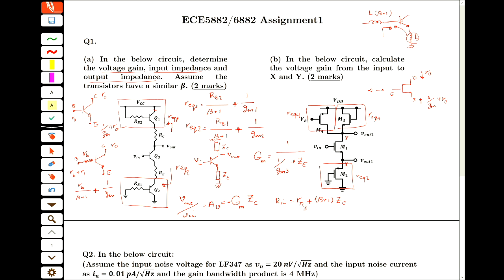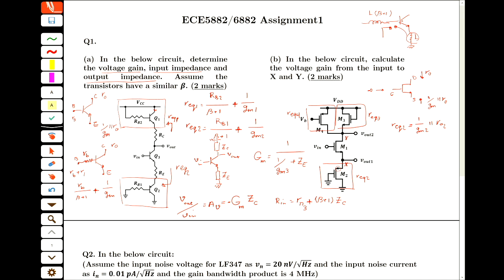then R equal 2 equals 1 over GM2 in parallel with RO2. We are looking into the source. So we're looking down. This is source.